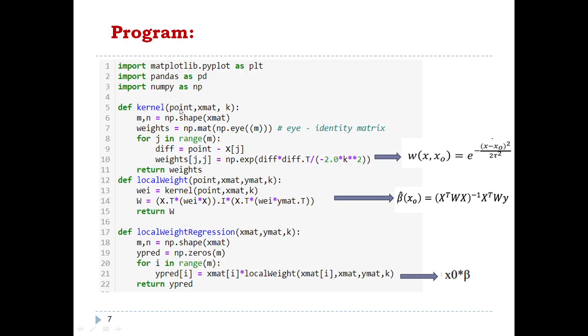Now it takes this value, and first it generates an identity matrix. Identity matrix means all the diagonal values will be 1 and all other values will be 0.